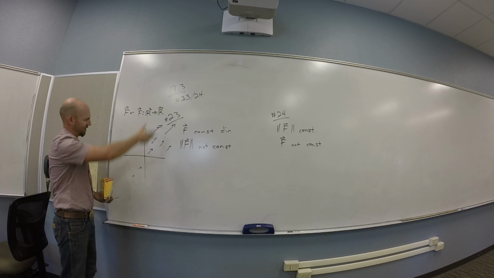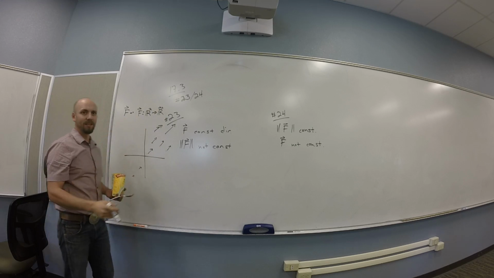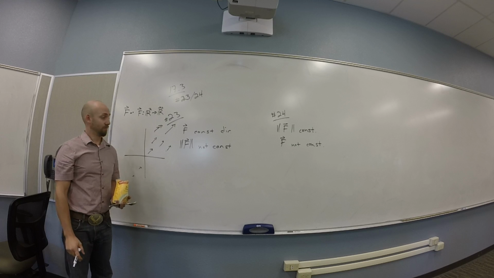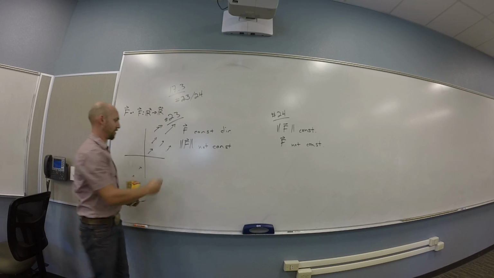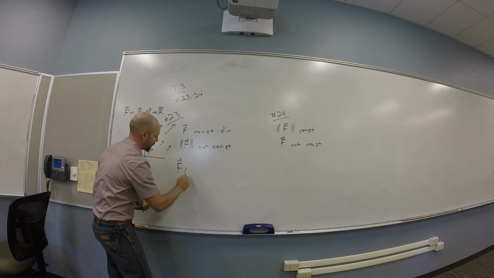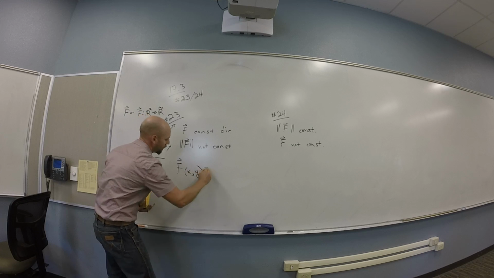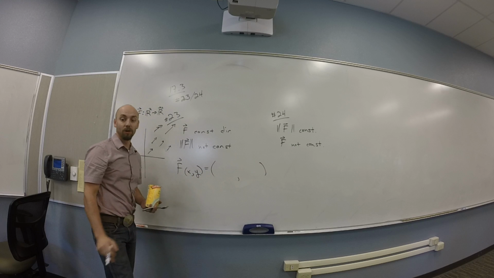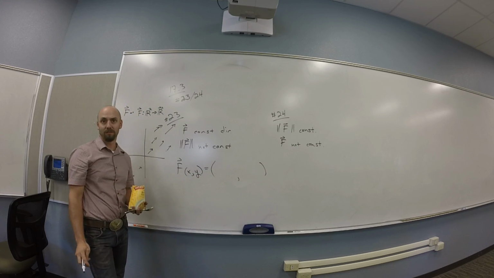So somehow I need to make this happen, right? Okay, so you should be coming up with f of x and y, right? That's some stuff to make this go on. So how do you do this?